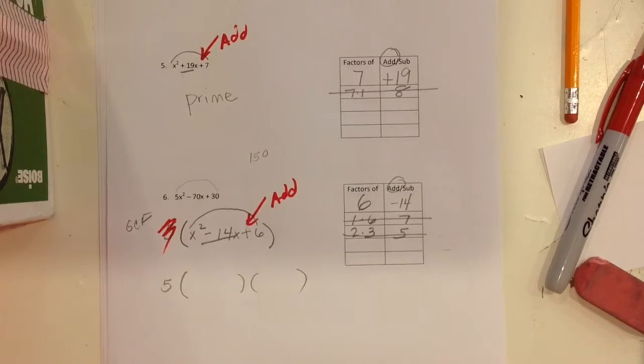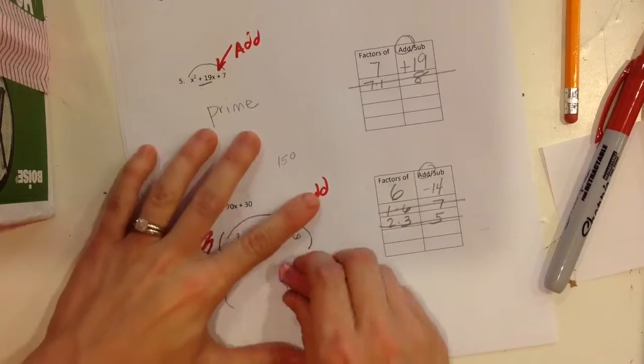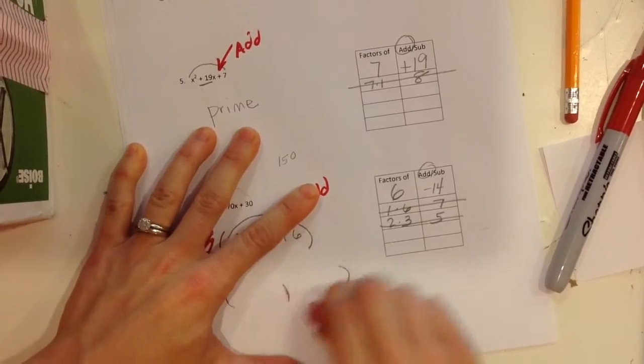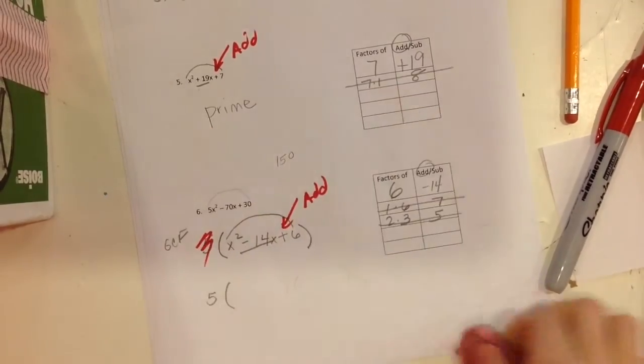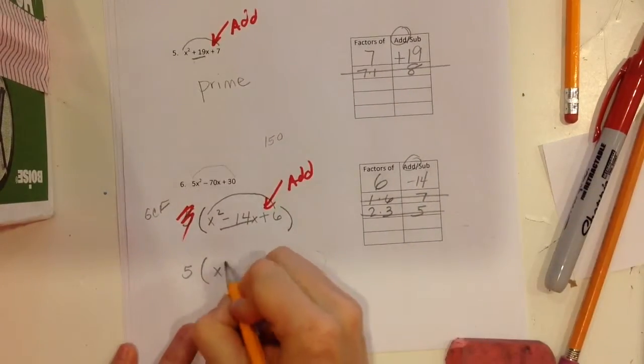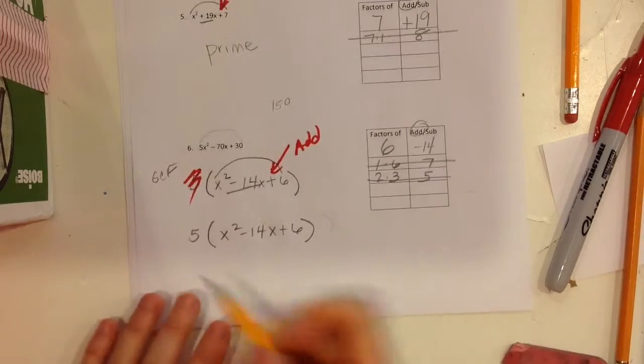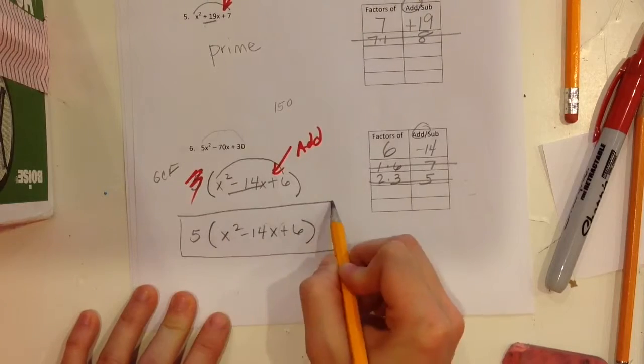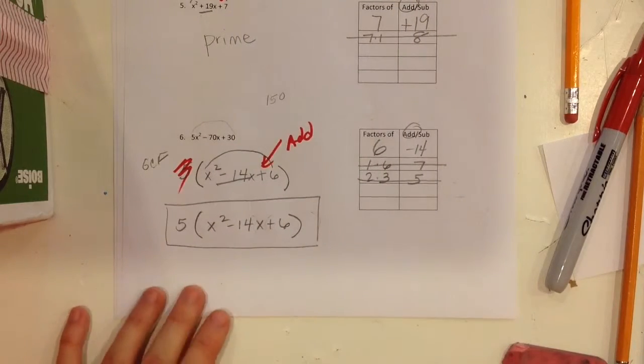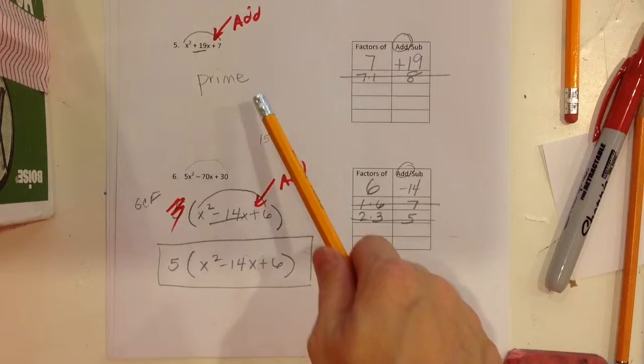That does not mean that this is a prime polynomial. What I'm going to actually have to do is rewrite that trinomial that I scratched all over, and this is your answer in factored form. Just because I couldn't do bottoms up does not mean it's not prime.